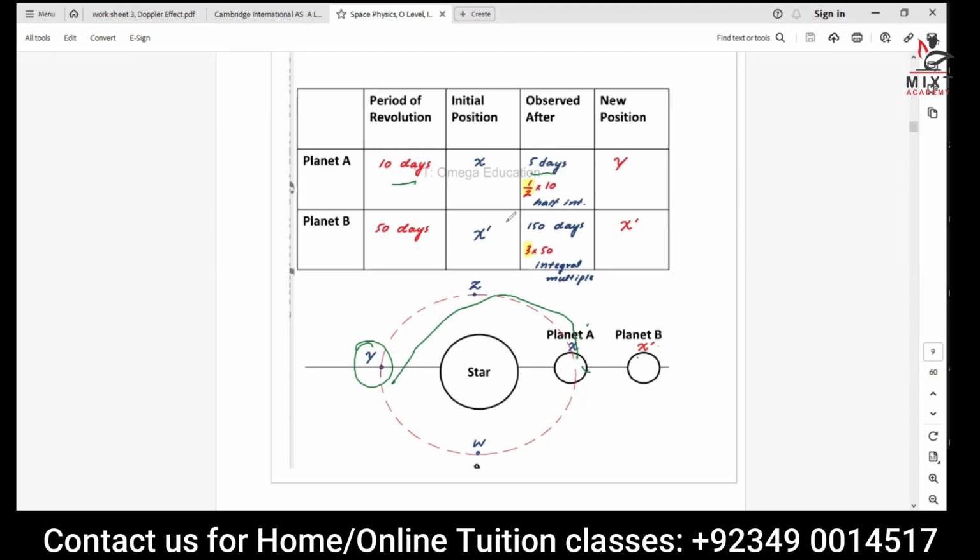Whereas planet B has a time period, denoted by capital T. Time period is the time taken for one complete revolution. Okay. I would like to give you an example. The time period of the second hand of a clock is 60 seconds. After 60 seconds, it reaches its starting point. So planet B has a time period of 50 days.